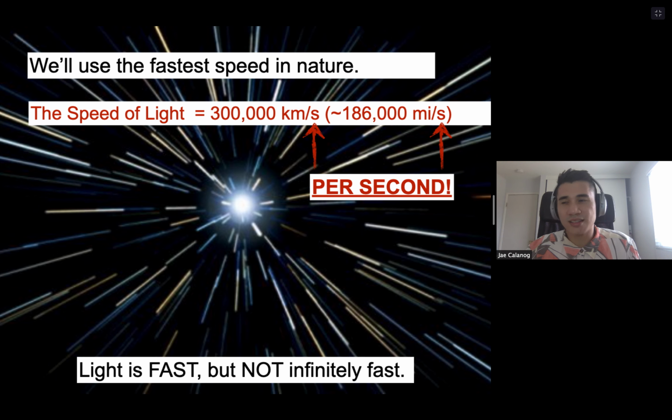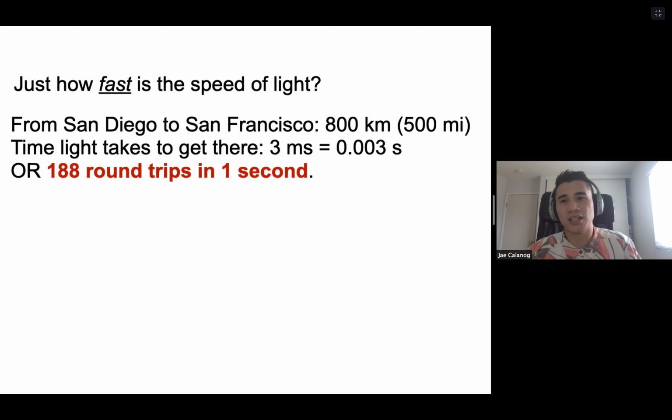And so, yes, that is incredibly fast. However, it does have a finite value to it, which means it's not infinitely fast. So again, when you start expressing numbers that are this large, the value kind of gets lost, the meaning gets lost.